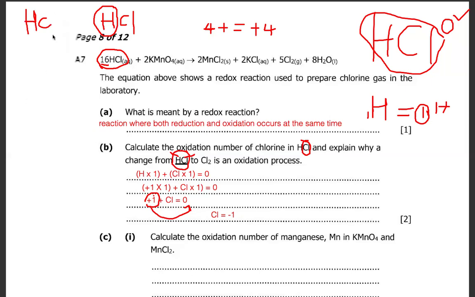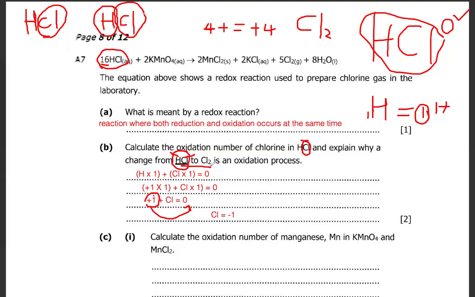So what happens is that the chlorine that is remaining, the chloride ion, the radical, as well as that chloride that remains, they are able to couple together and they form a molecule like that. So the question here will say, explain why the change from this to that. What was happening is that hydrochloric acid was reduced. So the change is a result of the reduction of hydrochloric acid.